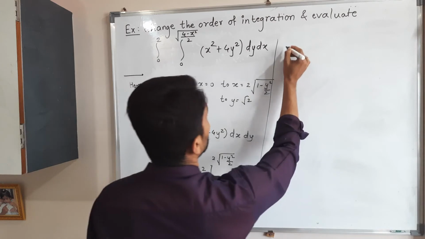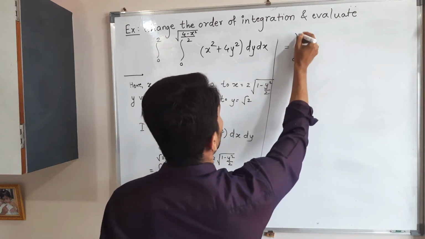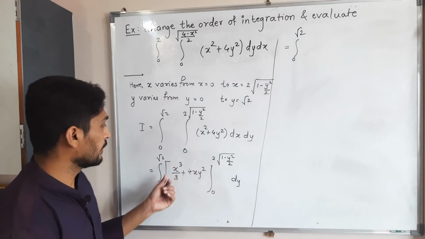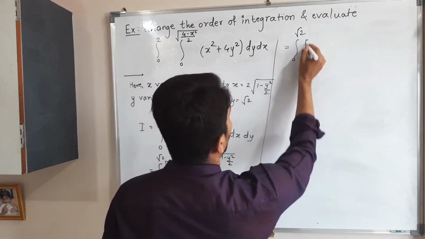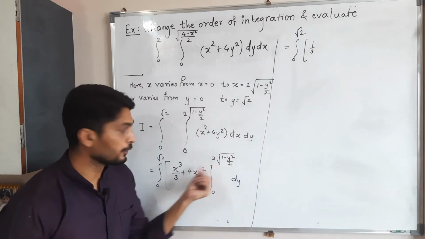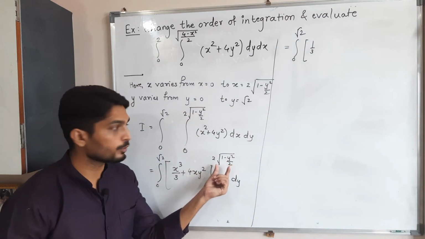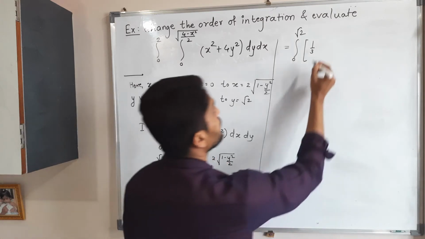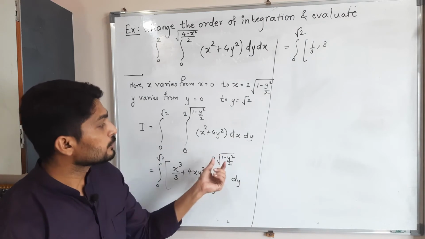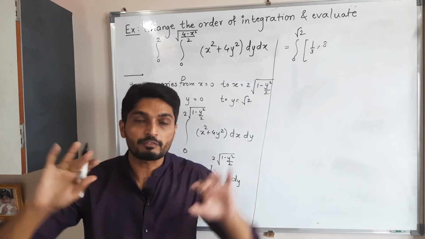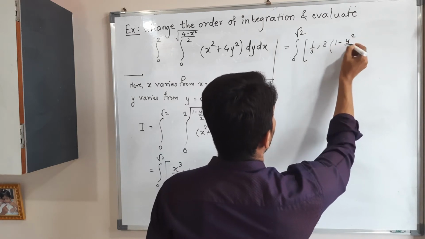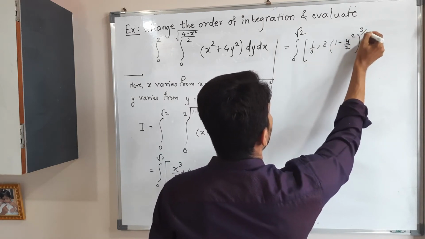So integration 0 to root 2, right? I'm putting the upper limit here. See, 1 by 3 will be there. I'm going to take its cube, since in place of x I'm putting this value. If you take its cube, cube of 2 is 8, right? Root means raised to 1 by 2, and if you take its cube, you will have 1 minus y square by 2 raised to 3 by 2.